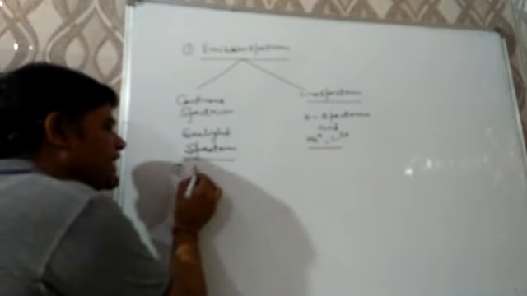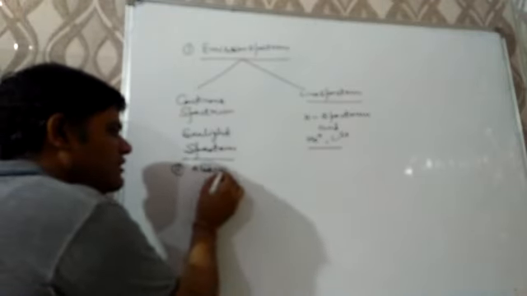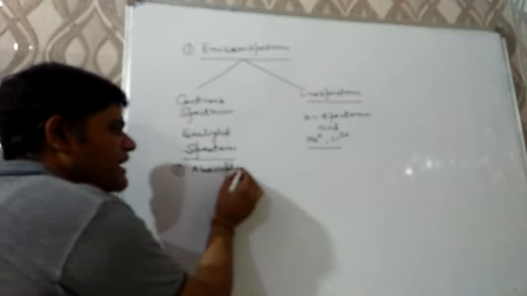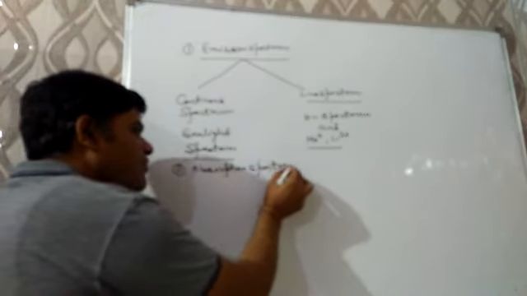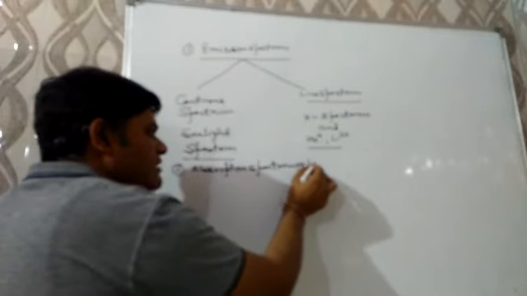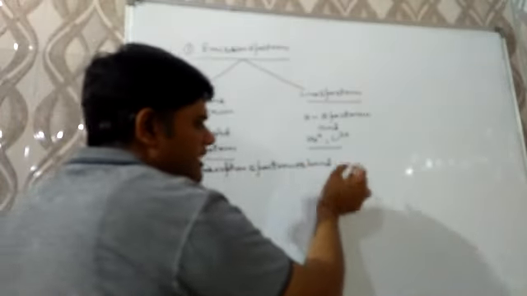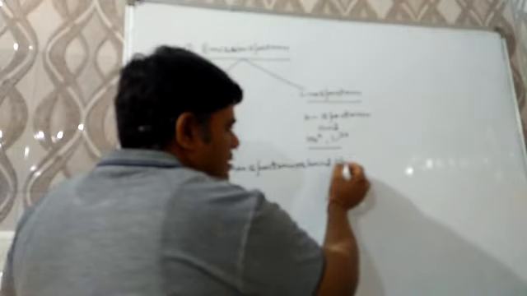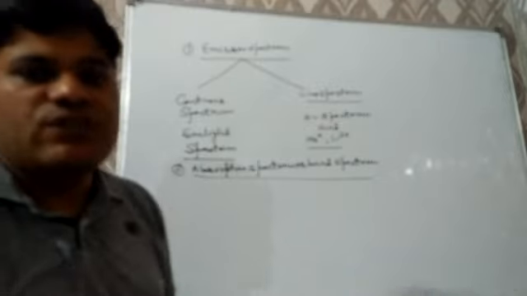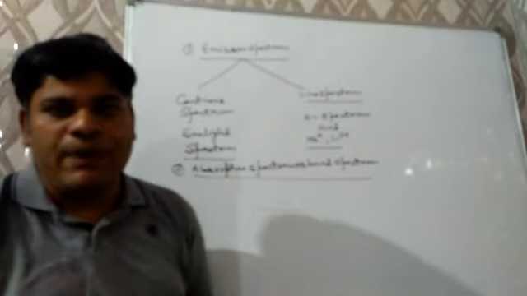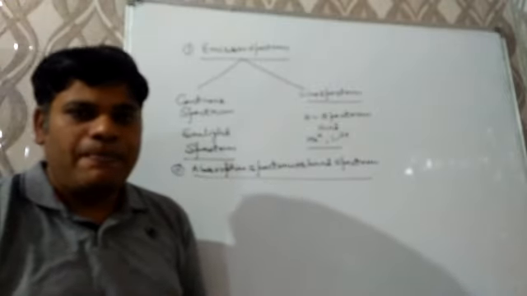Next type of spectrum is absorption spectrum or band spectrum. It is a very important one for structural determination. In this type of spectrum, the light from the source first passes through the sample and then on the prism.